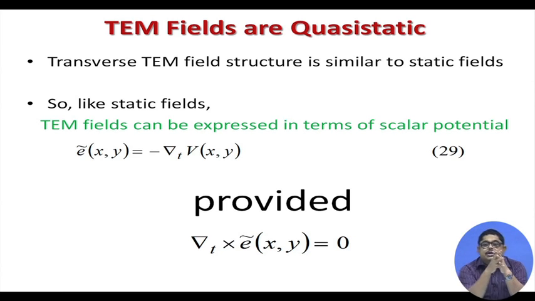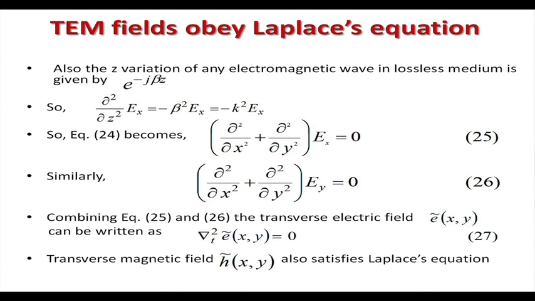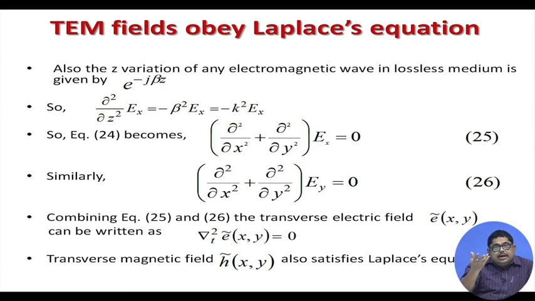So, transverse fields, though they are dynamic fields, their field structure is like that of static fields, because you see this is a fundamental thing: for a particular type of equation, its solution is also the same. So, if two equations of two variables are similar, then their solutions will also be similar. This is a fact of mathematics.